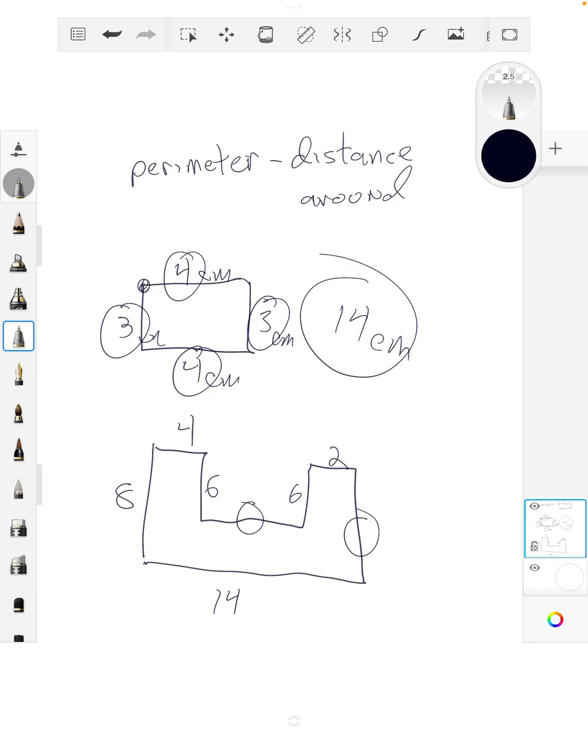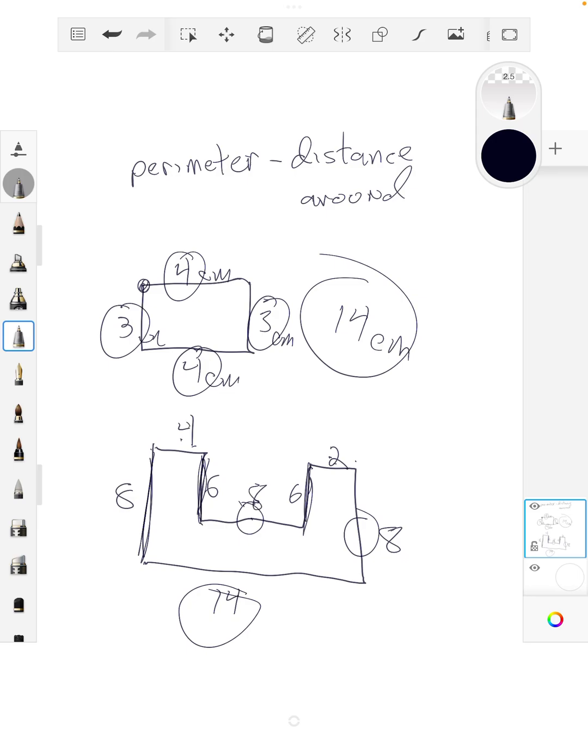Well, I know that if this is 6, you have to logic your way through it. If this is 6 and this is 6, and these are right angles, that means if this is 8, this one's got to be 8. I also know if this is 14, that 4 plus this is 14. So 4 plus 2 is 6. So this has to be 8, because 4 plus 8 is 12, plus 2 is 14.